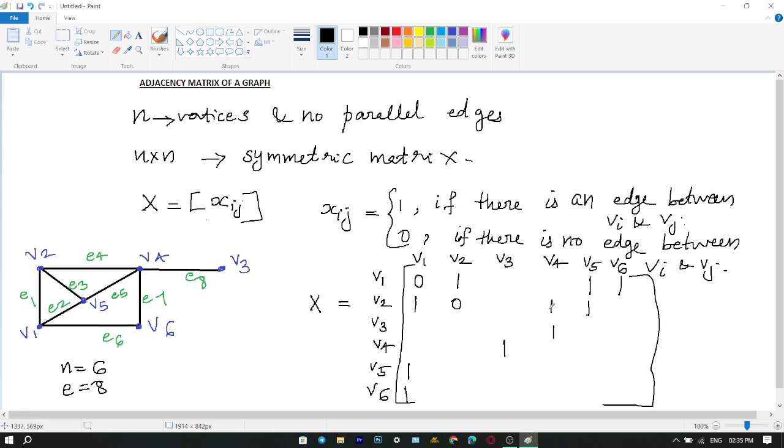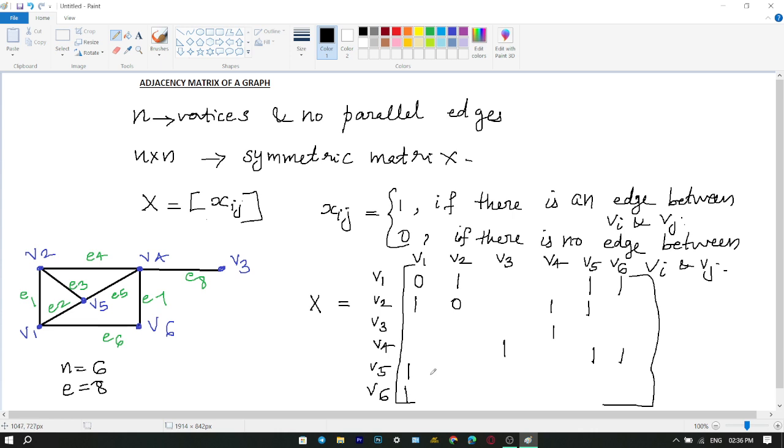V4 to V2 already 1 is there, and from V4 to V5 there is an edge. Then V4 to V6 there is an edge. Okay, so these are our corresponding entries.